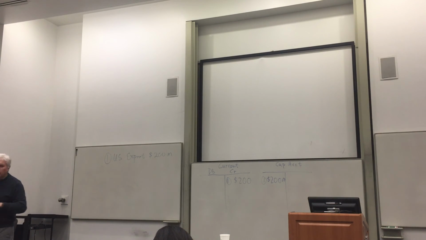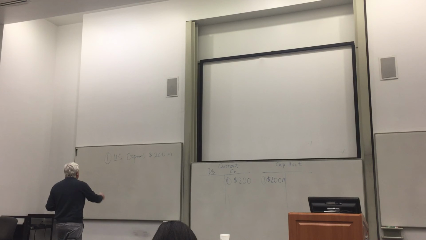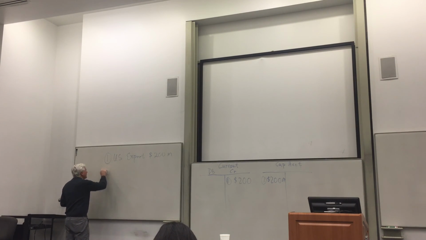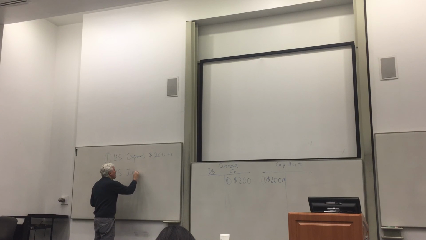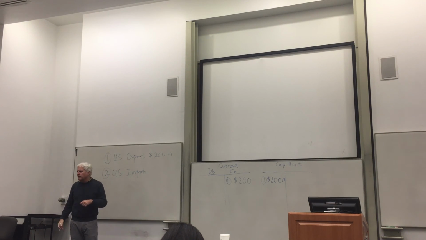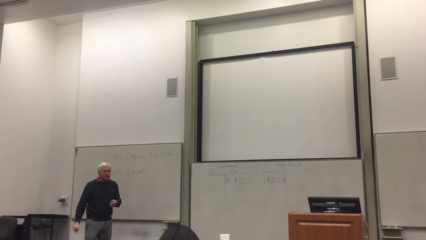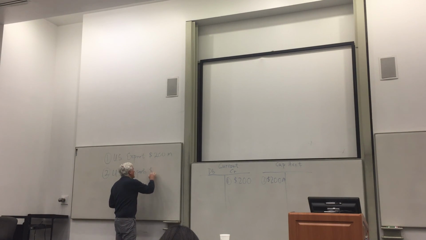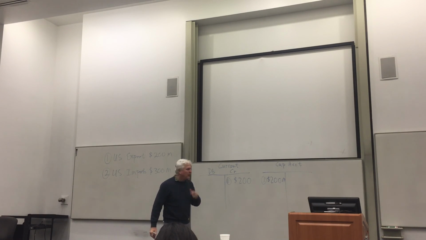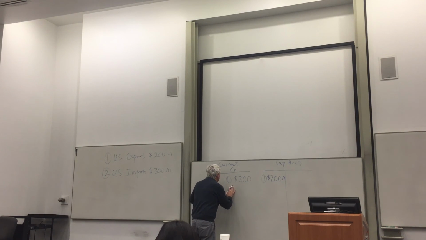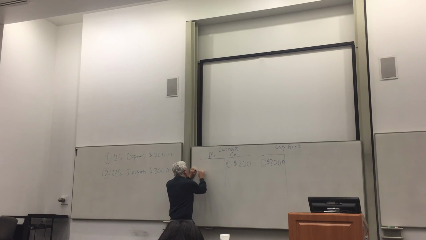Of course, if we had imports, it would just be the mirror image of this. Suppose we imported $300 million. We would record that as a debit to the current account.